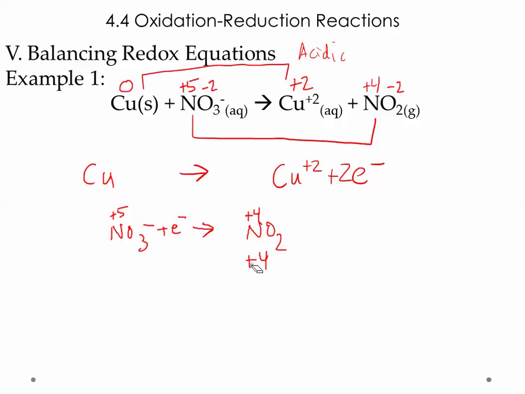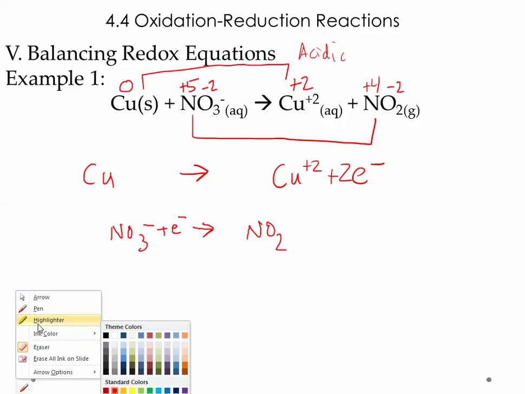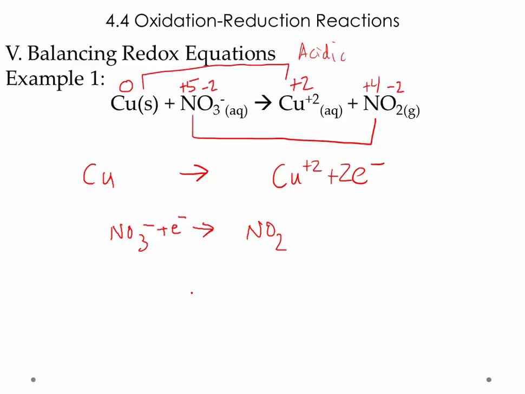Let me erase these so we don't get mixed up. And get my pen back. Alright, once we do that, we need to balance the charge. Our reactant side has a charge of -2 and our product side has a charge of 0.